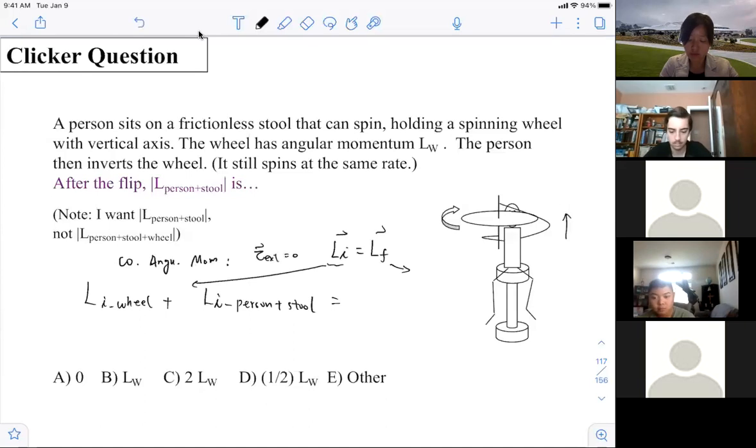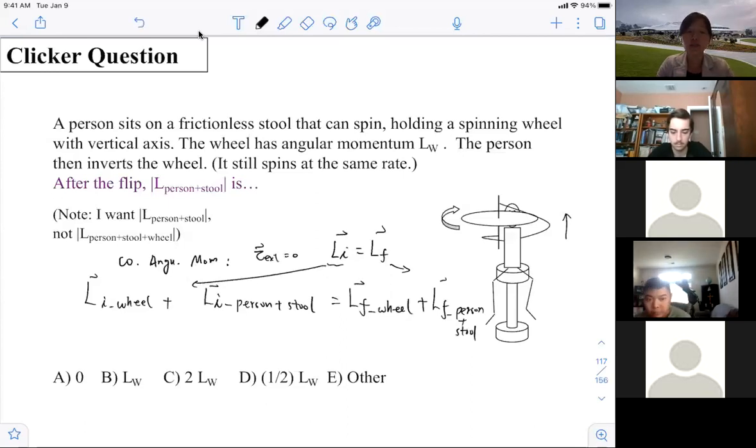There are two parts: final momentum of the wheel. Now, all of these are still vectors, so I'm going to put a little vector sign on them. And the final momentum of the person plus the stool. This is what we're trying to find, right? And let's look at each term one by one.